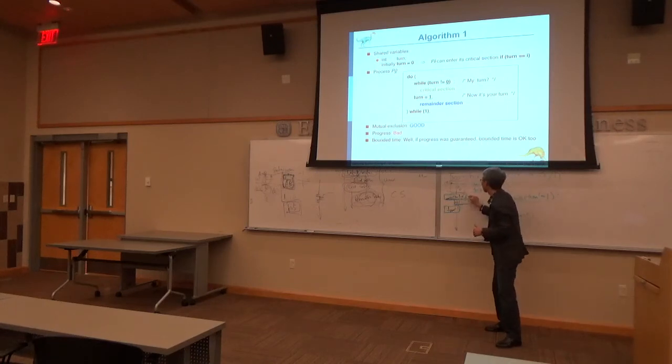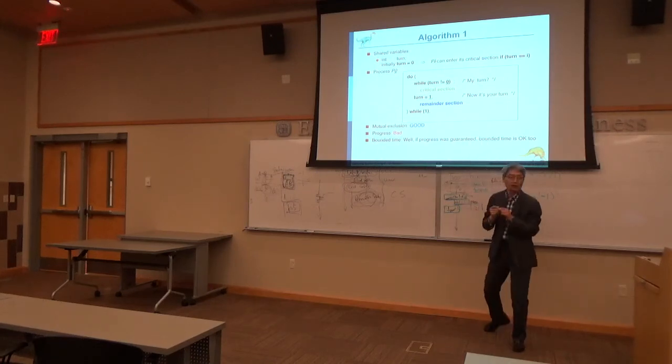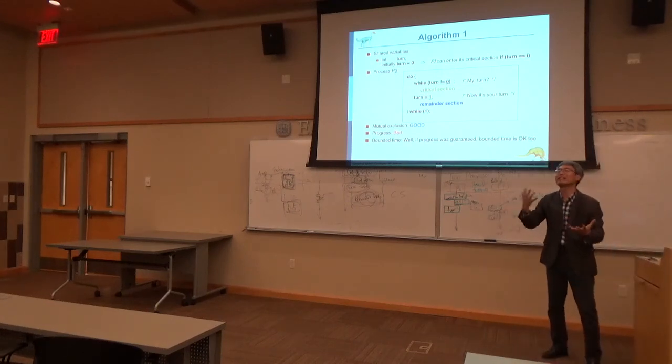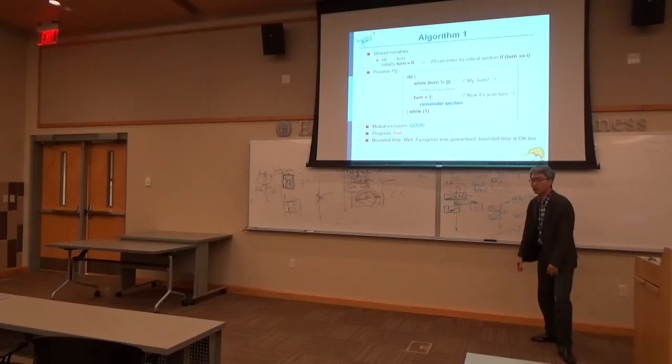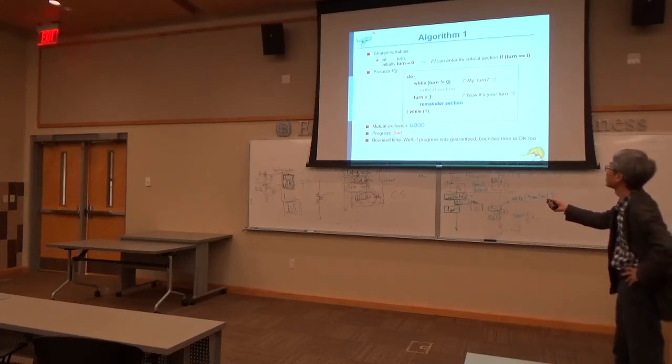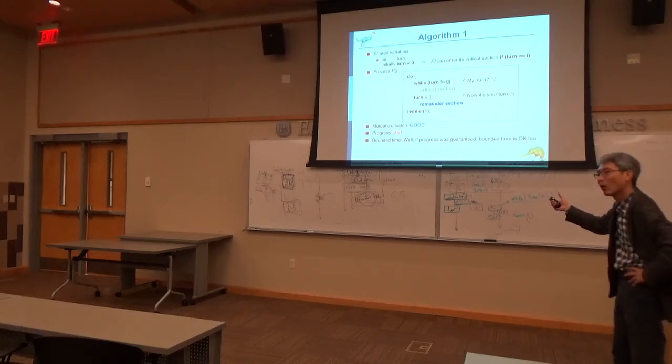This is an entry section. The entry section means that we are going to vote on who is entering. This time turn is 0, and 0 is not 0 is false. False means out of the while loop, so the critical section is out of the while loop.